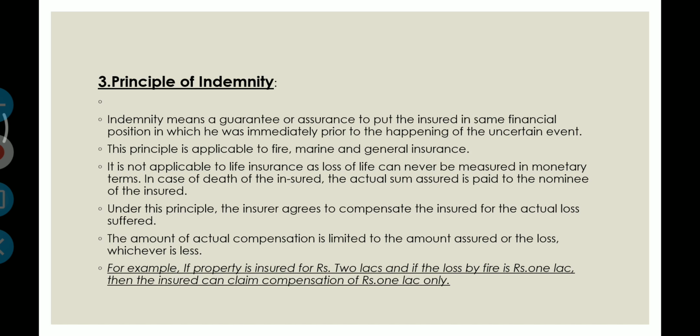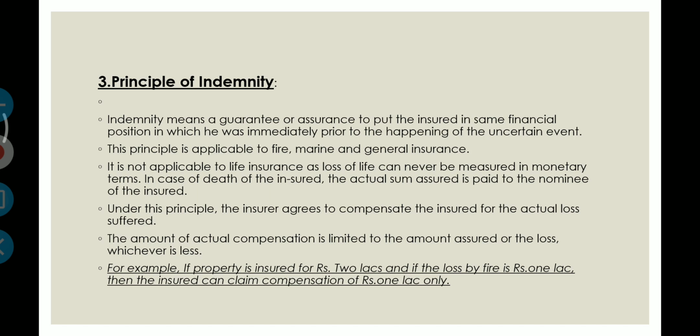Like for example, if I have taken an insurance policy of my car for up to rupees 3 lakhs, and when the fire occurred in my car or the car got an accident, I suffered a loss of 2 lakh rupees. The insurance company, on making the claim, will compensate me only 2 lakh rupees. Why? Because the loss that I suffered was of 2 lakh.